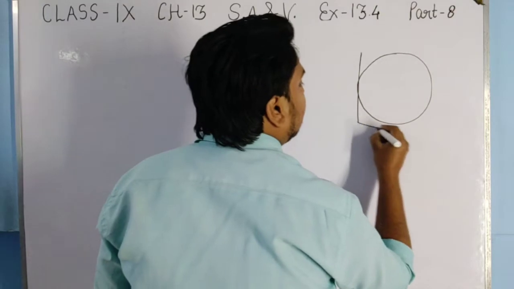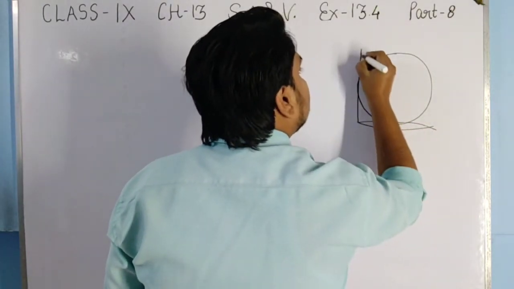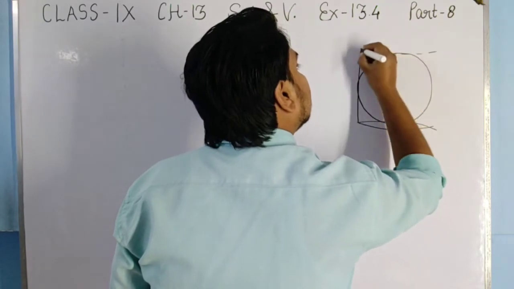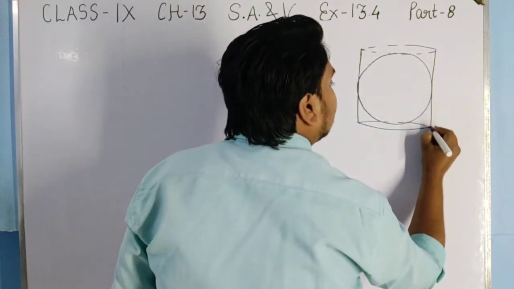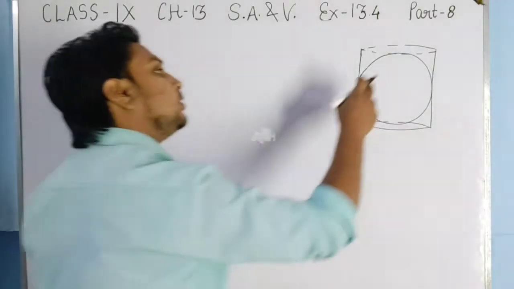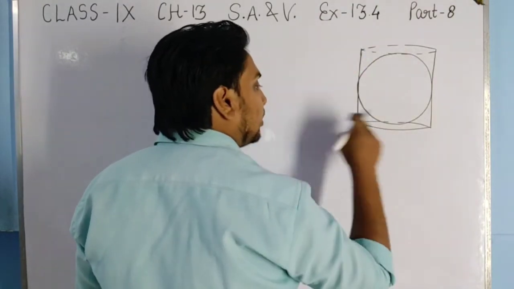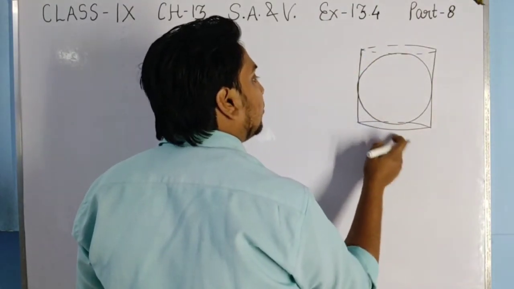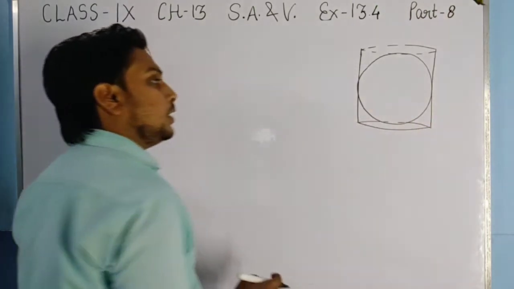There is a cylinder which just encloses it. It means that it is like this. The top of the sphere will touch the cylinder at the top, this portion will touch the cylinder at the bottom, and these portions will touch the cylinder from the sides.